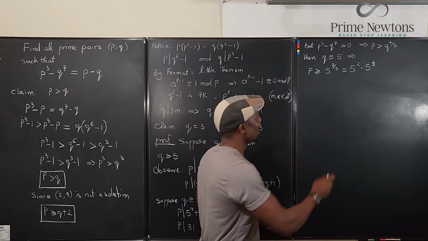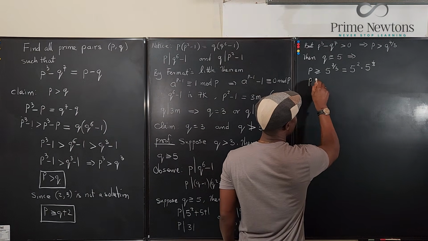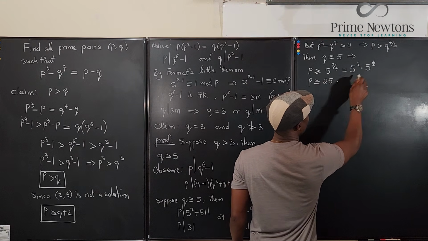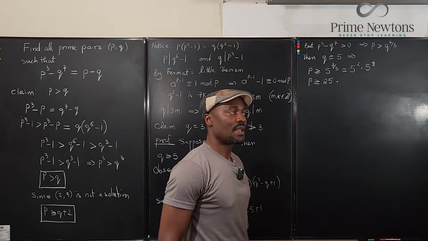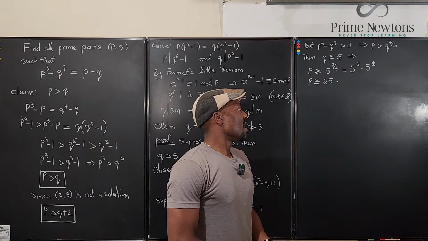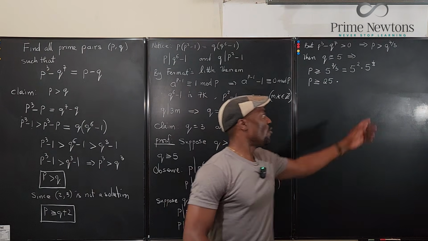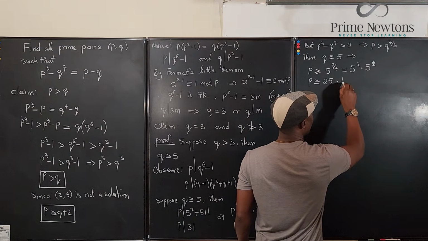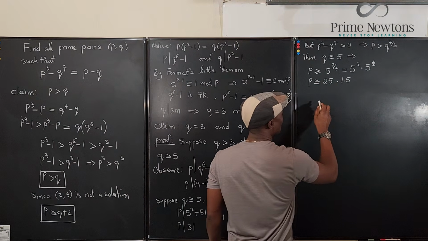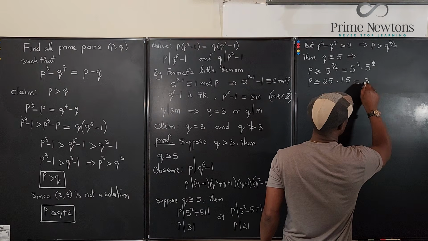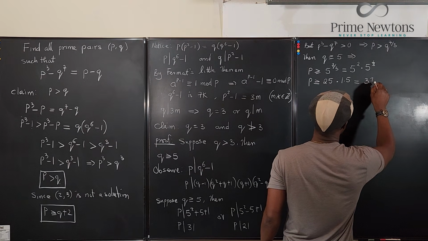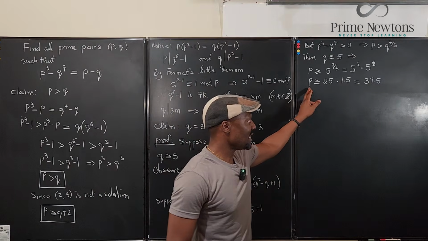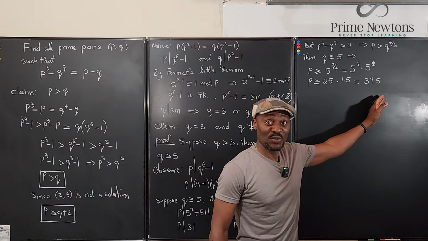So p is greater than or equal to 25 times the cube root of 5. This is around 1.7, so we can use a good number, we can say 1.5, which is equal to 37.5, I believe. Yes. So p is greater than or equal to 37.5.